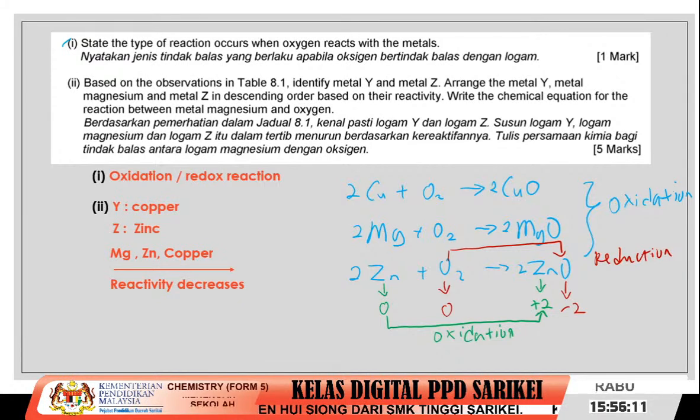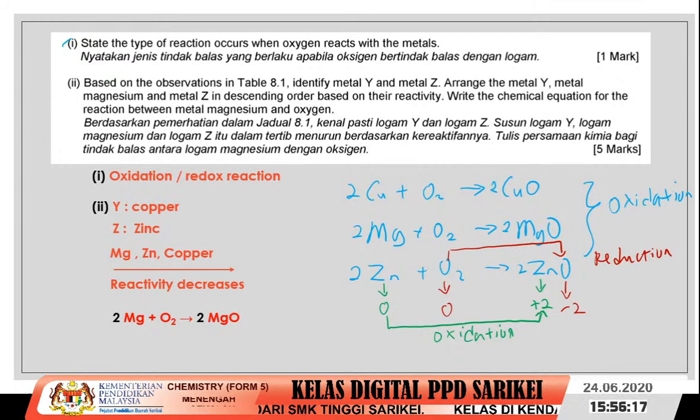So starting with magnesium, followed by zinc and copper. Lastly, you need to write the chemical equation as required by the question for the reaction between magnesium and oxygen. So this is the chemical reaction for the reaction between magnesium and oxygen.